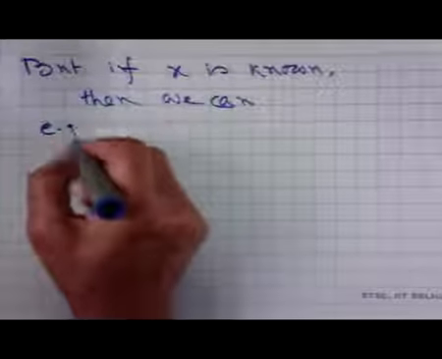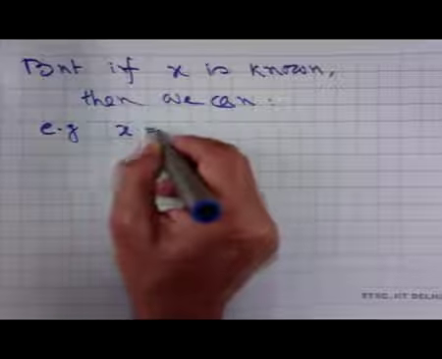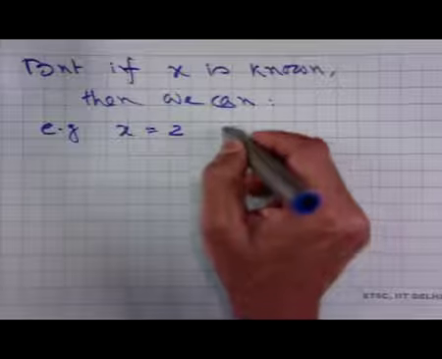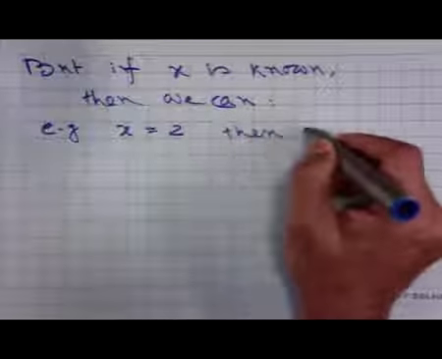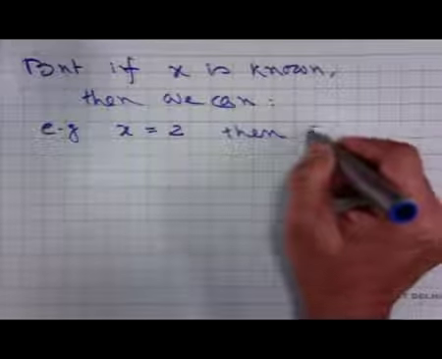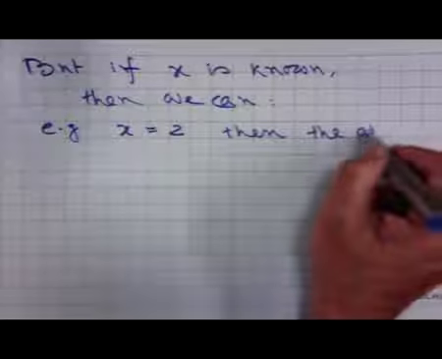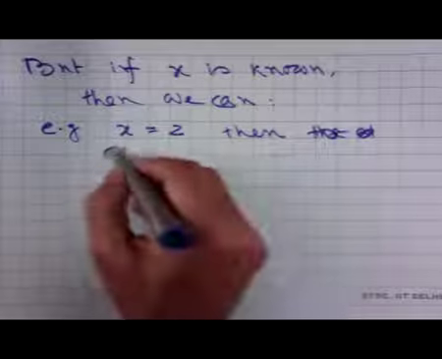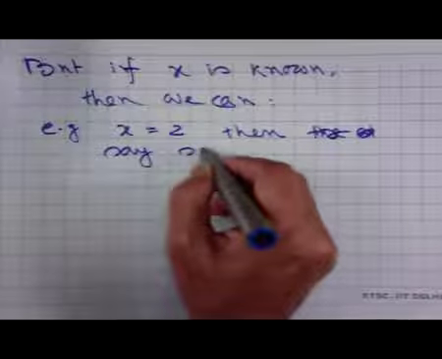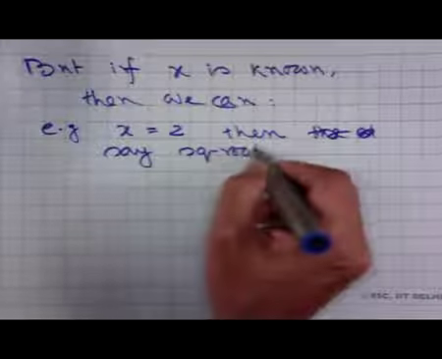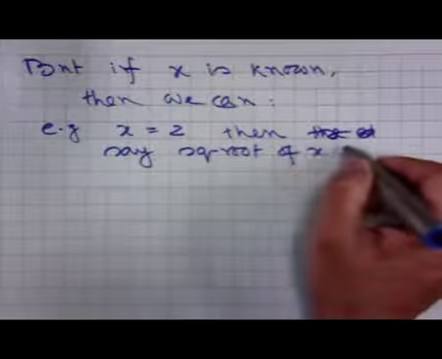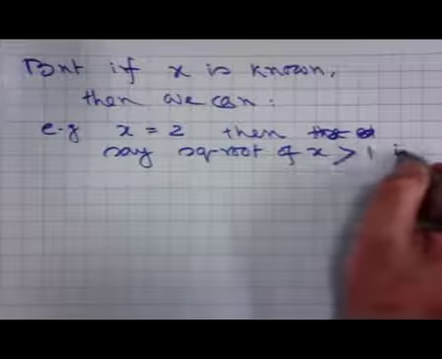Example, x is equal to 2, then the square root of x greater than 1 is true.